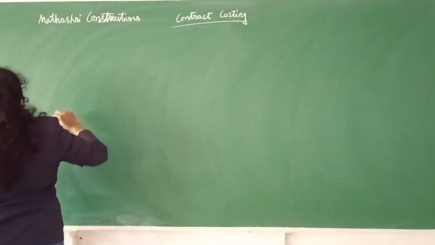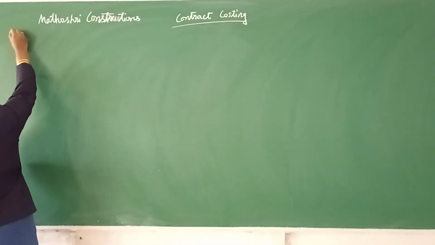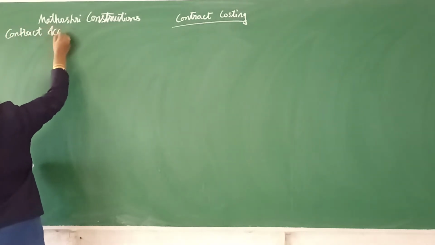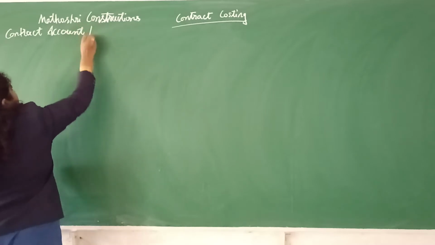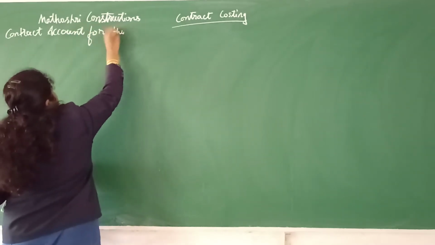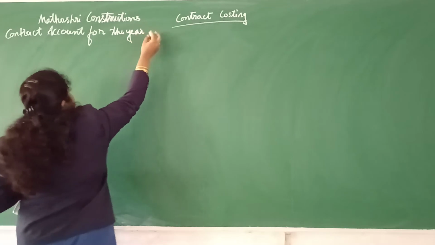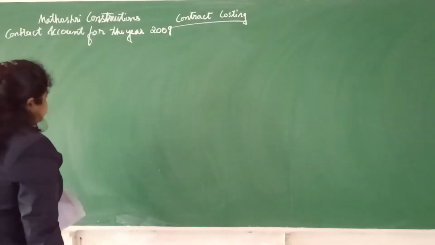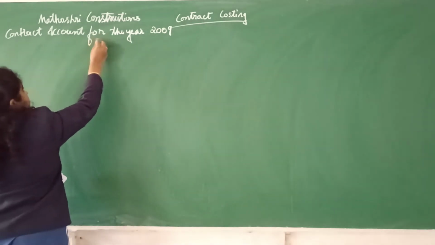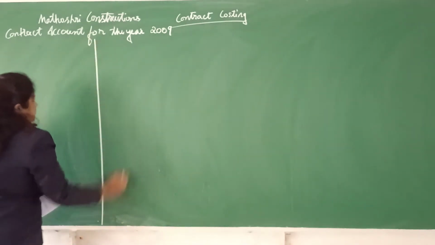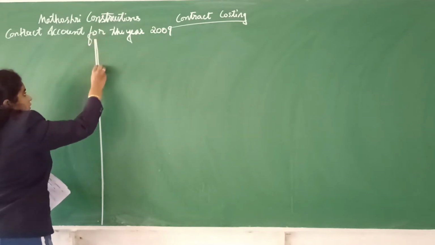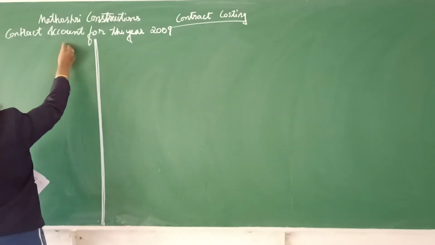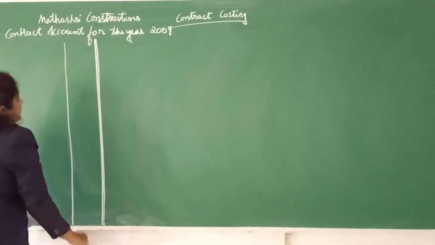Next line, contract account for the year, with one amount column.